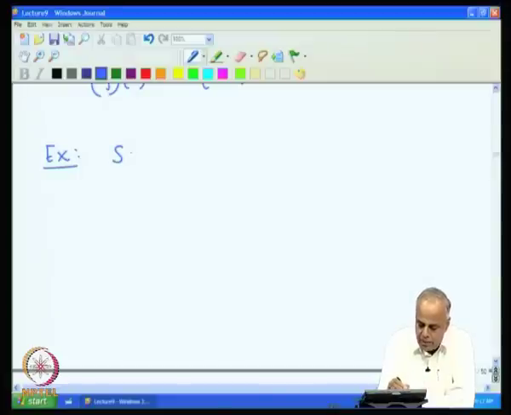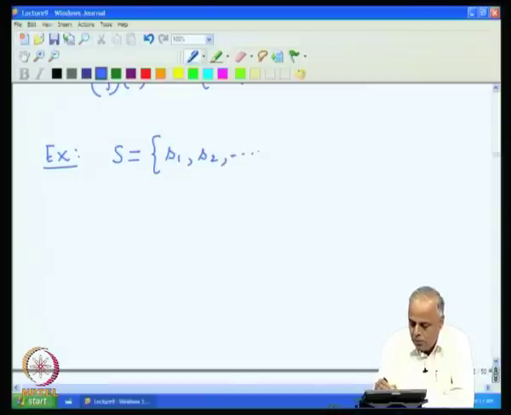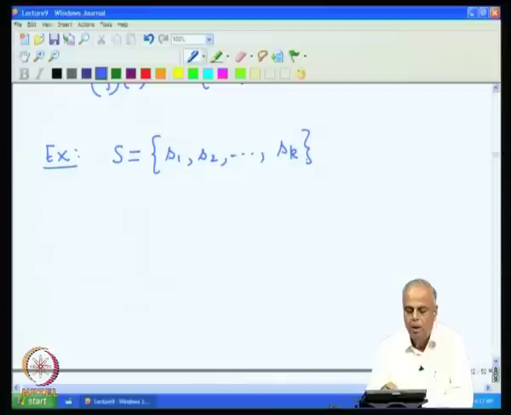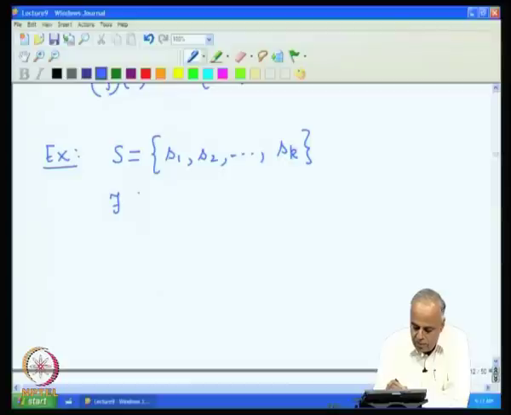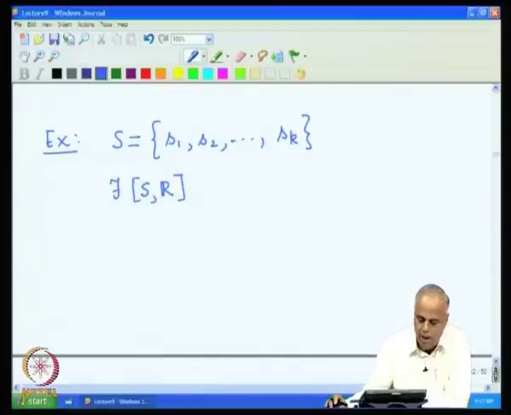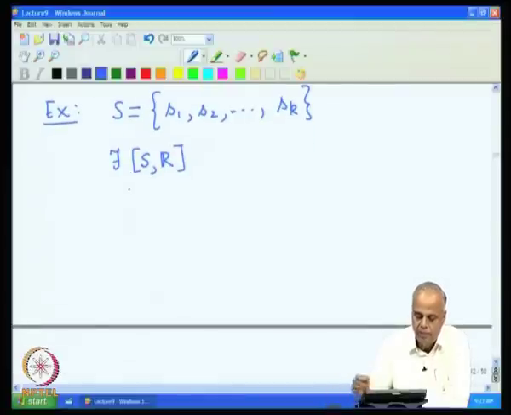Suppose I take S to be a finite set S1, S2, say Sk, and I look at F(S,R). What do we mean by an F in F(S,R)?